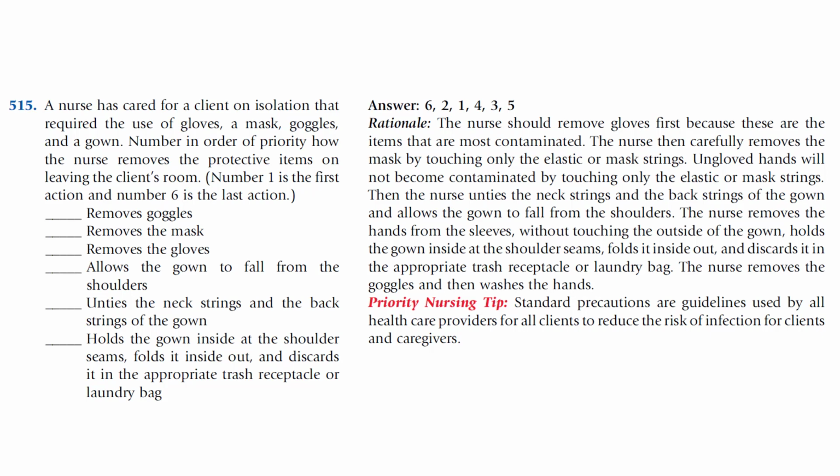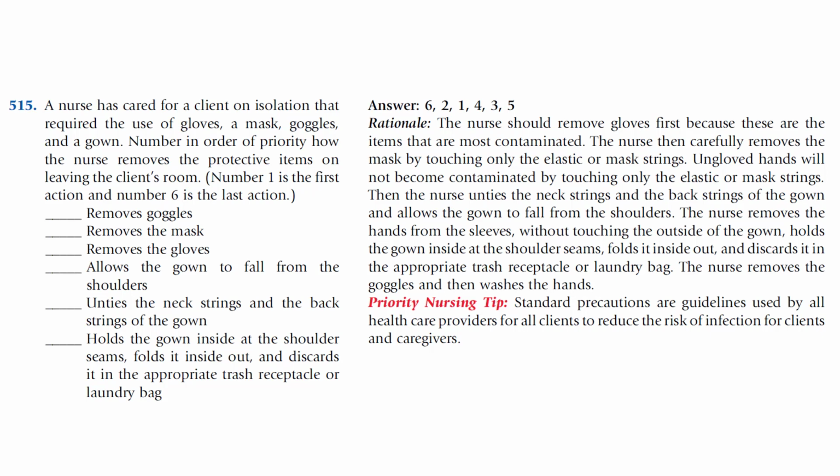Rationale: the nurse should remove gloves first because these are the items that are most contaminated. The nurse then carefully removes the mask by touching only the elastic or mask strings. Ungloved hands will not become contaminated by touching only the elastic or mask strings. Then the nurse unties the neck strings and the back strings of the gown and allows the gown to fall from the shoulders.